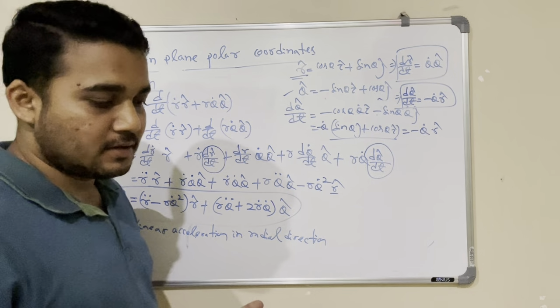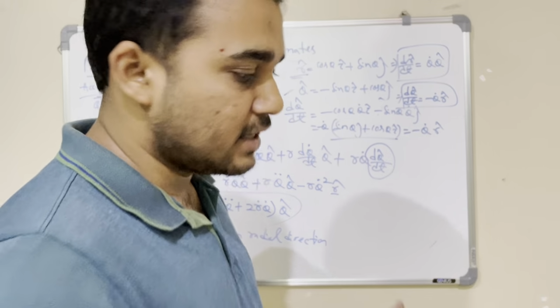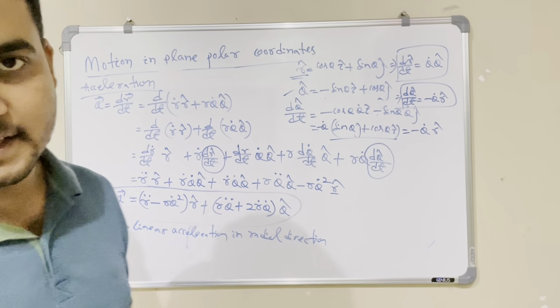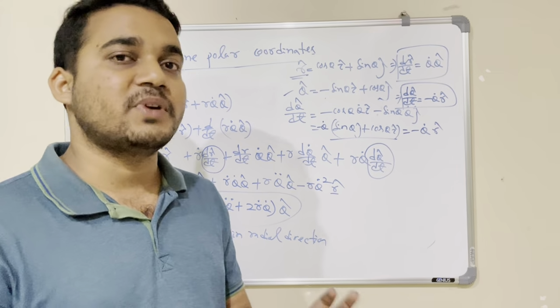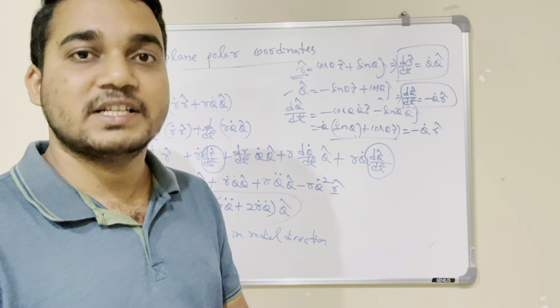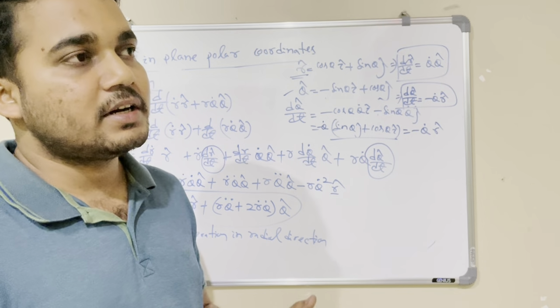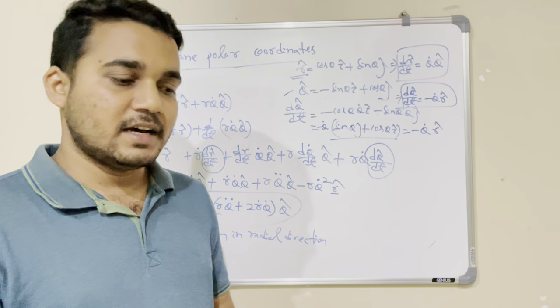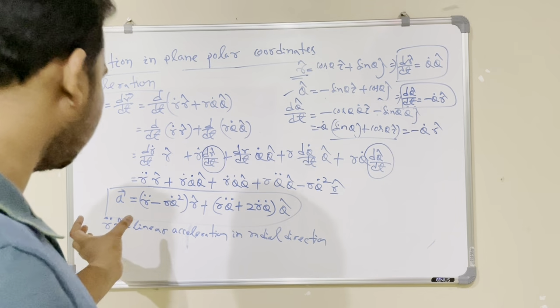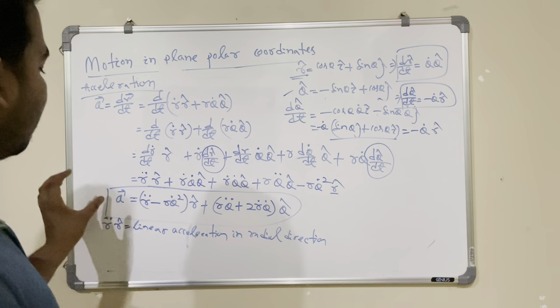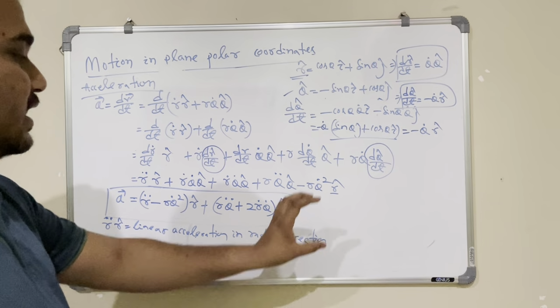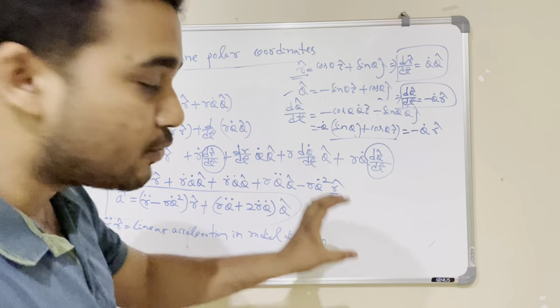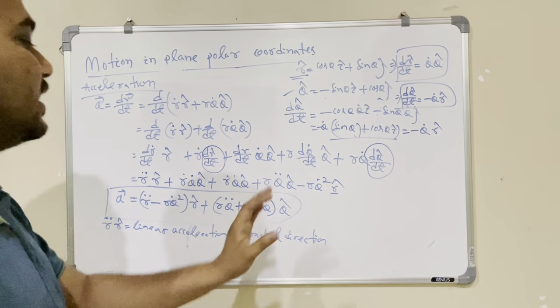We know that acceleration happens when velocity changes, and the velocity has two parts, one is magnitude of velocity and the second one is direction of velocity. So when magnitude of velocity changes, then acceleration happens. This r double dot r cap is the linear acceleration in radial direction due to change in magnitude of radial velocity.